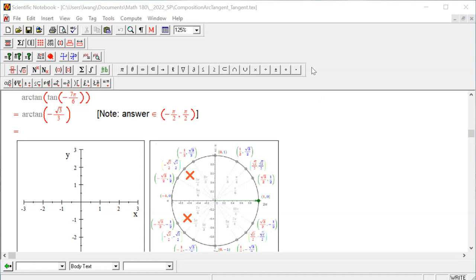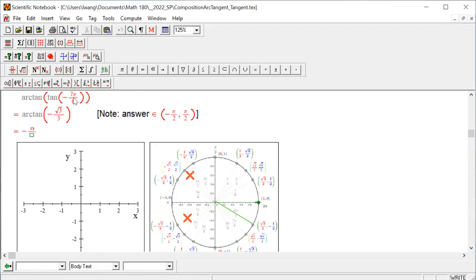And how do we get there? Angle measurement from the standard position goes clockwise, because we have a negative ratio. Therefore, the angle is a clockwise measurement, and that's going to be -pi over 6. I hope that makes sense to you.